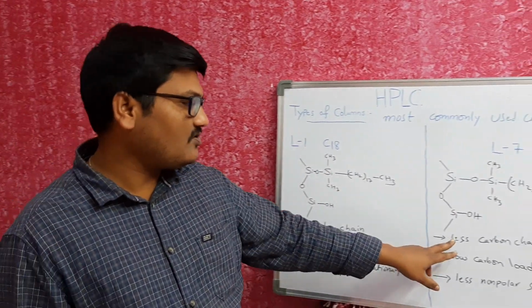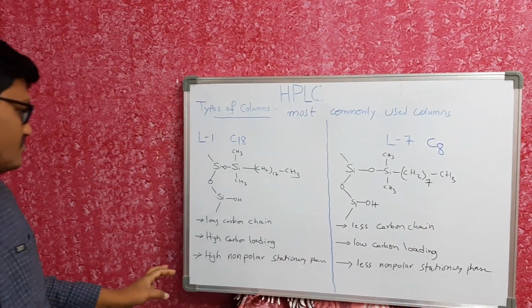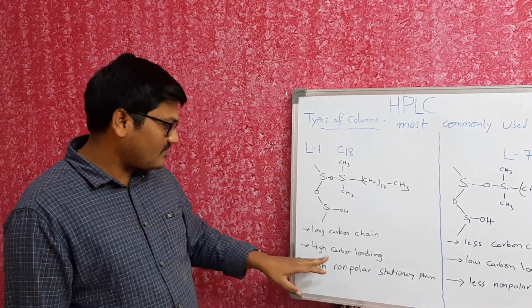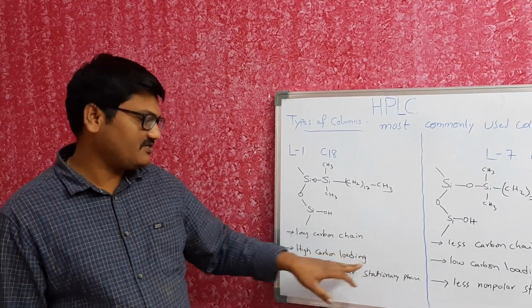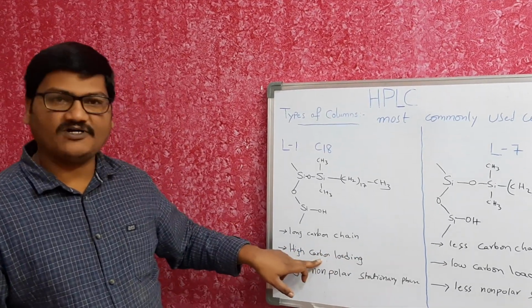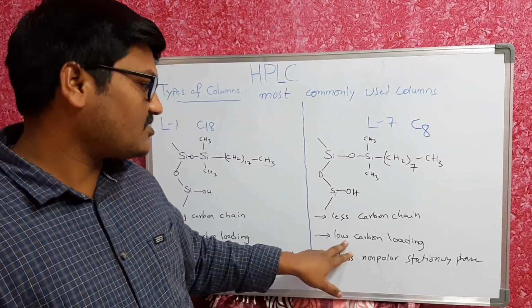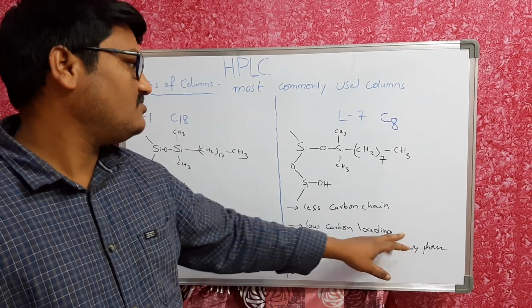In the C8 columns, less carbon chain attached to the silicon. And in the C18 columns, carbon loading is high. Up to 18% it will be loaded with carbon. In the C8 columns, low carbon loading is present.